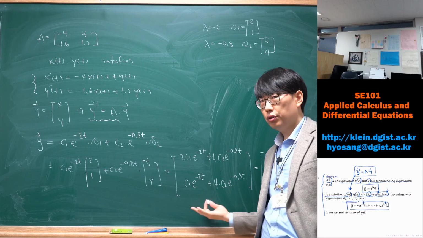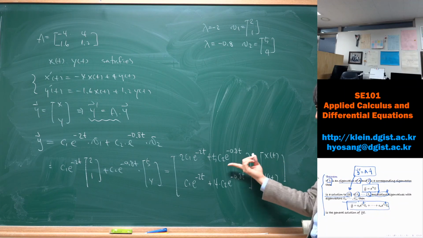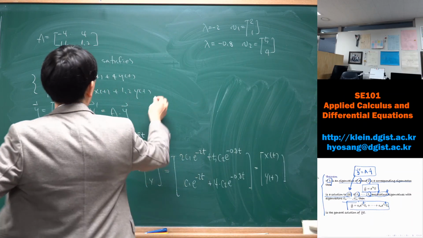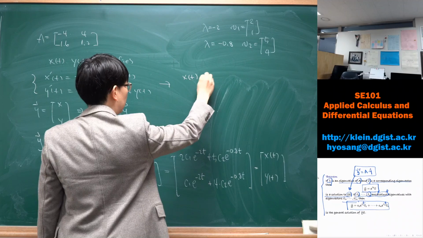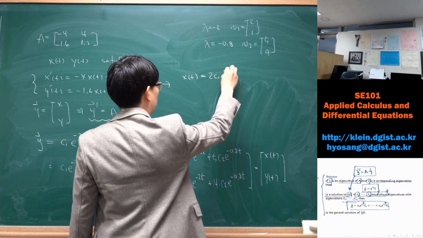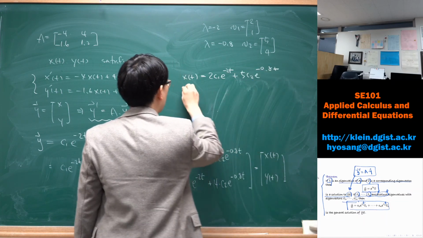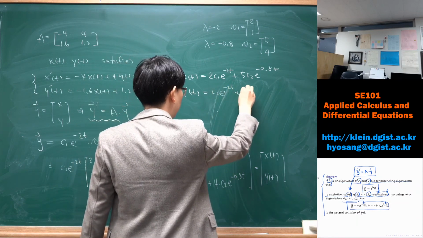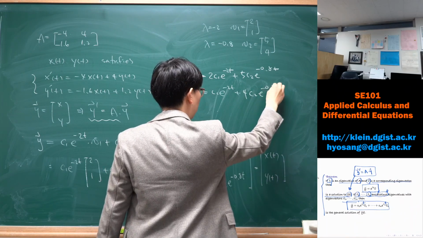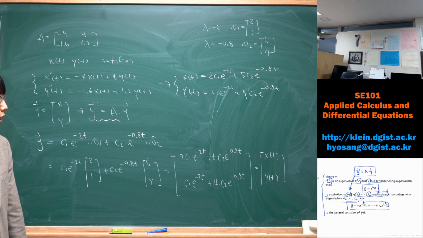So this expression gives the general solutions of x t and y t. It simply says that the solution of this system of differential equations is x t equals 2 times c1 e to the minus 2t plus 5c2 e to the negative 0.8t, and y t is c1 e to the negative 2t plus 4c2 e to the negative 0.8t. That's just the general solution, okay?